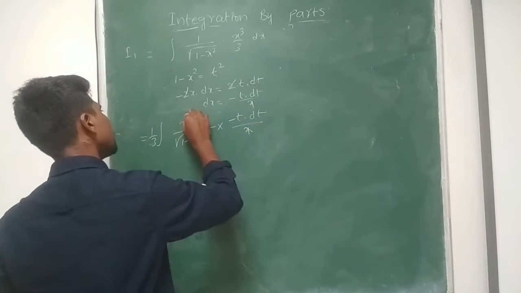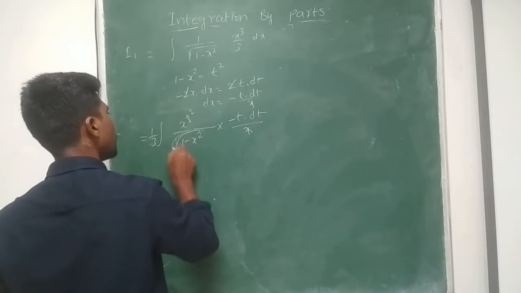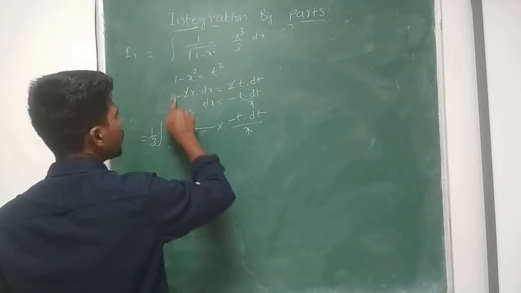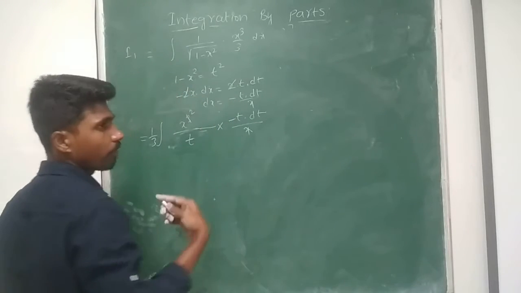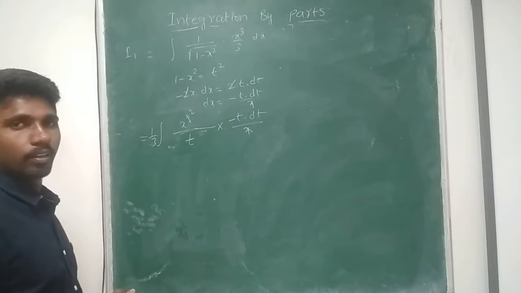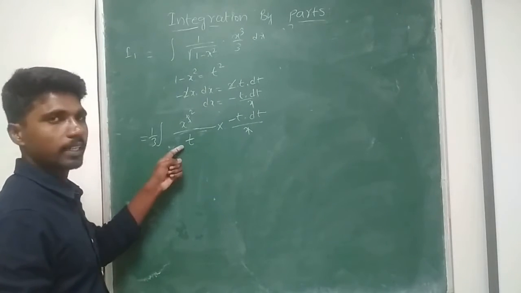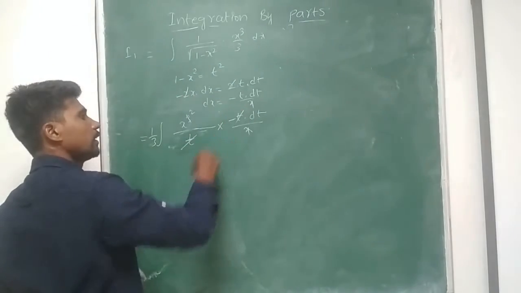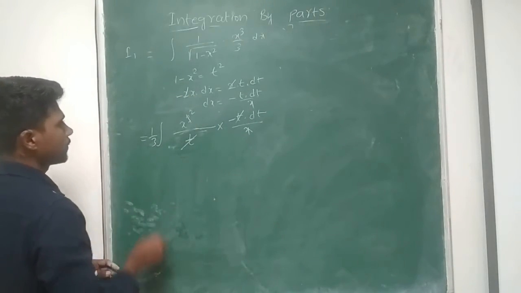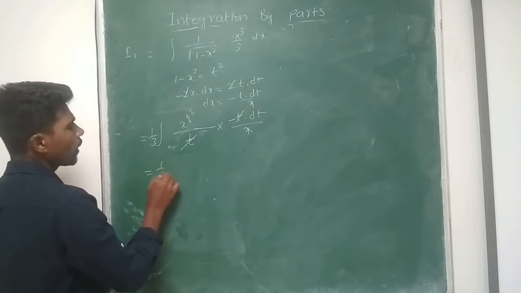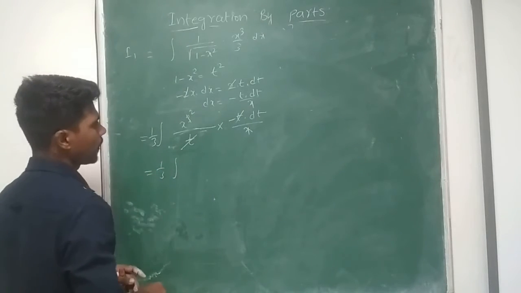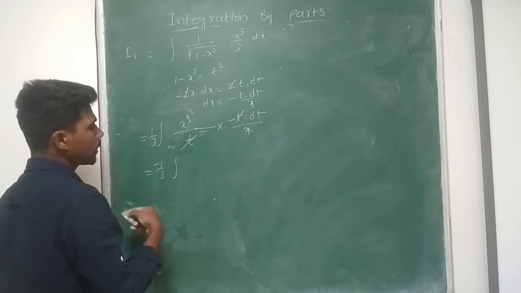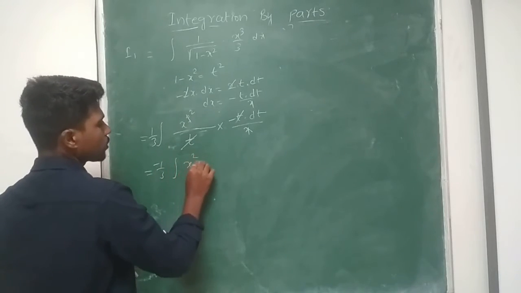So x twice, and root over 1 minus x square can be replaced as t, because I consider 1 minus x square as t square. So now t and t get cancelled, so I'll get minus 1 by 3 integral x square dt.